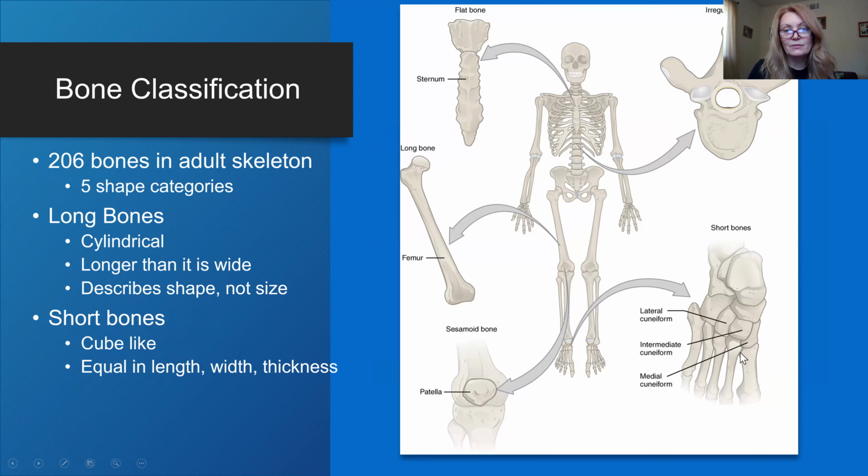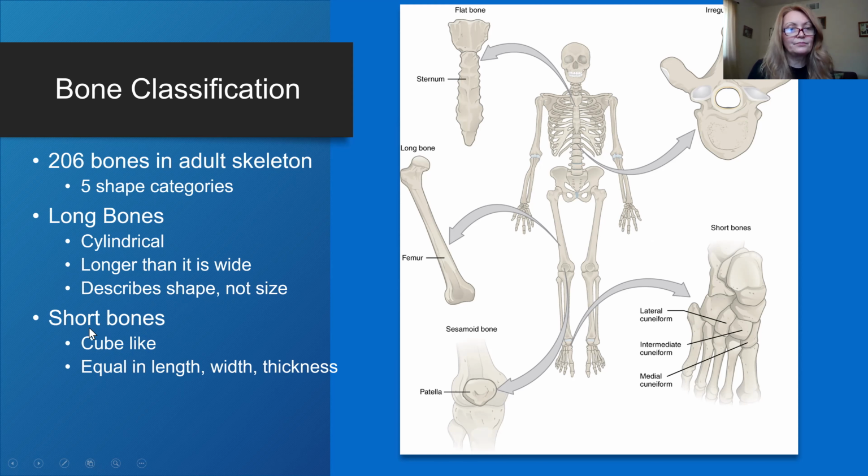So for example, over here, you have your metatarsal bones or even your phalanges, in both your toes and your fingers. They're not really very long, but they're still longer than they are wide. So that's what it says, describes shape, not size. And of course, the femur, for example, is really a long bone.